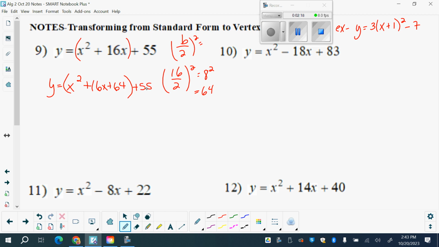If I were taking x plus 5 equals 11 and solving it, what would I do to solve it? Minus 5 on both sides. So I can add this 64 over here. The problem is that if I add that 64 over there, it's not going to give me vertex form. So I really need to have this 64 over on the other side. So I'm going to minus 64 and minus 64.